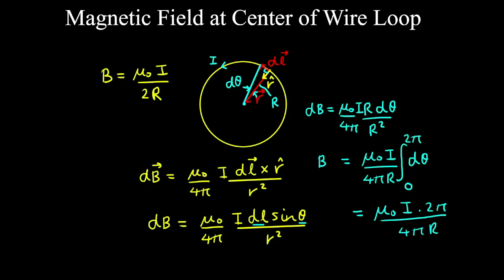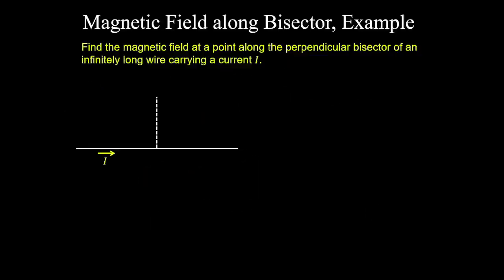And because the current is flowing anti-clockwise, then dl cross r hat by the right hand rule is going to result in a magnetic field vector that points out of the plane. So that's the direction of our magnetic field.